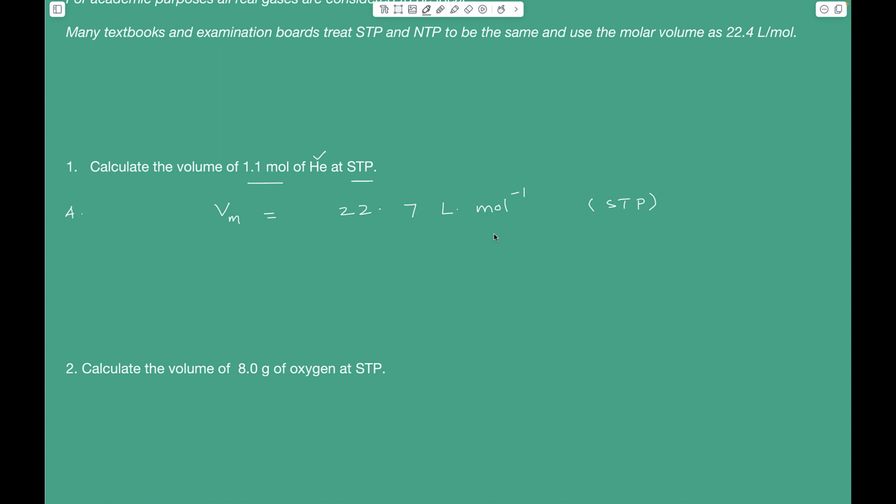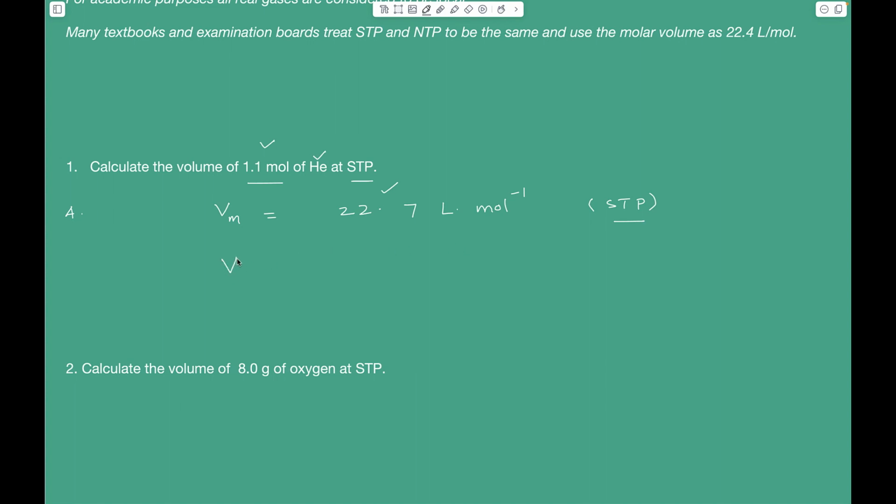That is, 1 mole of an ideal gas at STP occupies a volume of 22.7 liters. Then, what will be the volume of 1.1 moles of an ideal gas at STP?